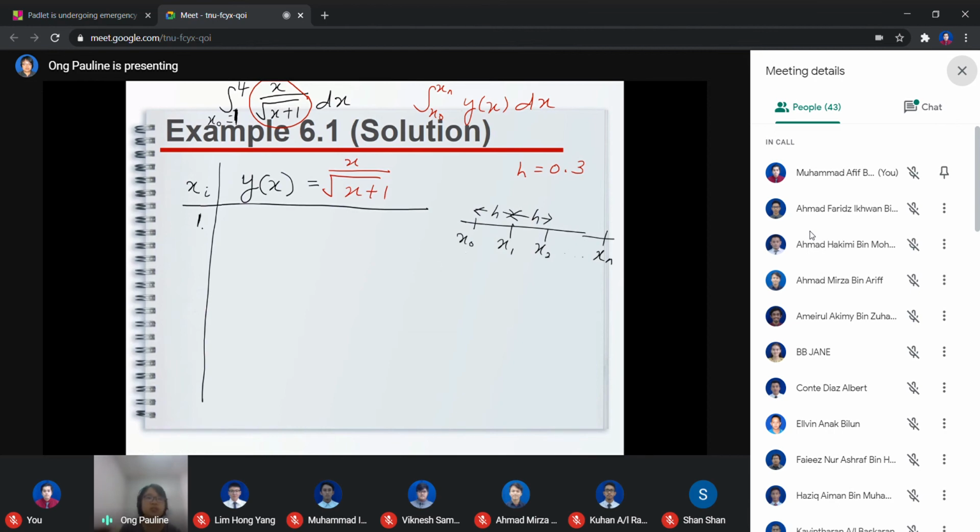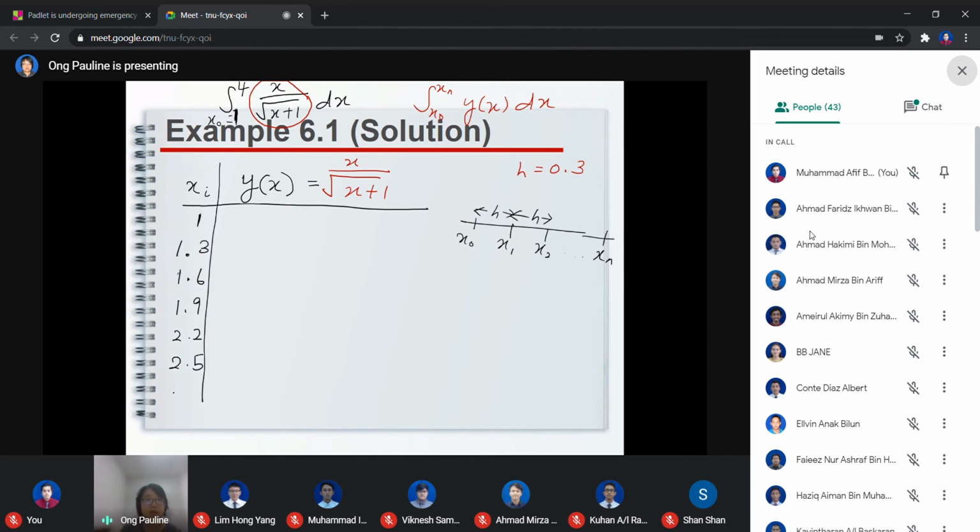If this is 1, the next point will be 1.3. All right. The next point will be 1.6, 1.9, 2.2, 2.5.